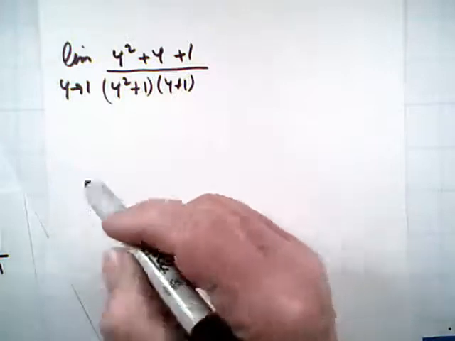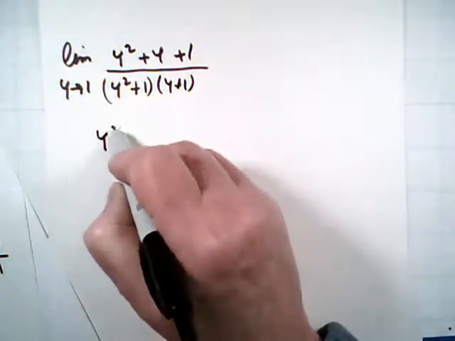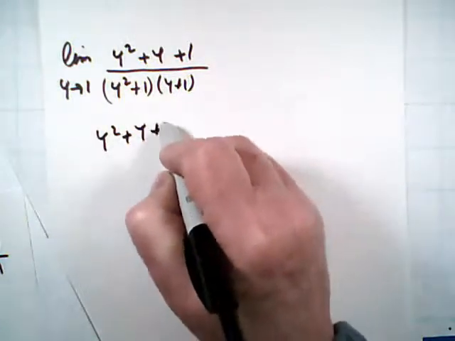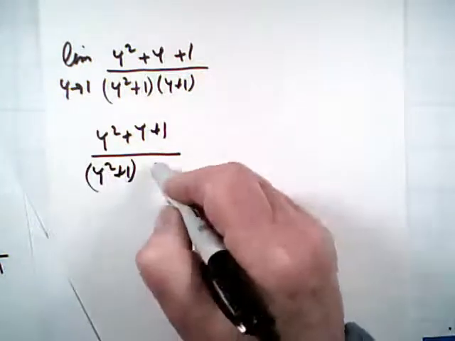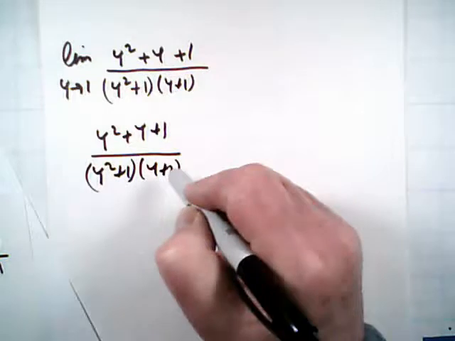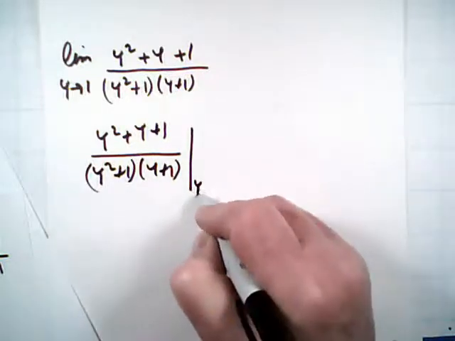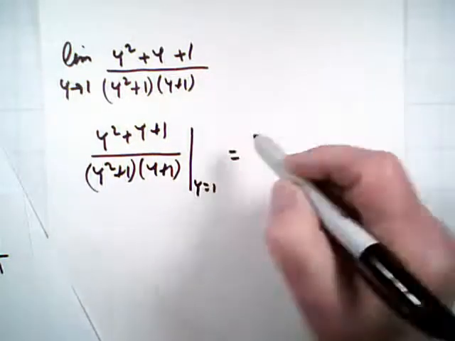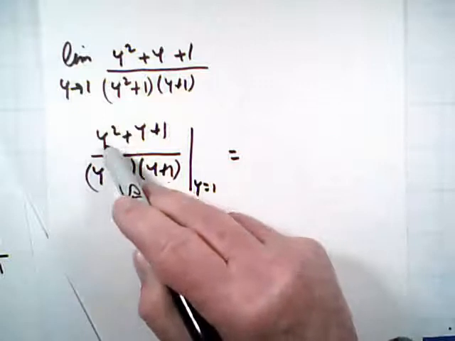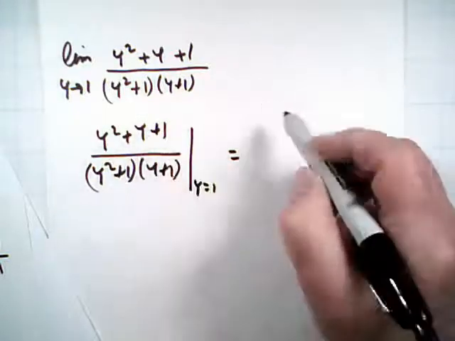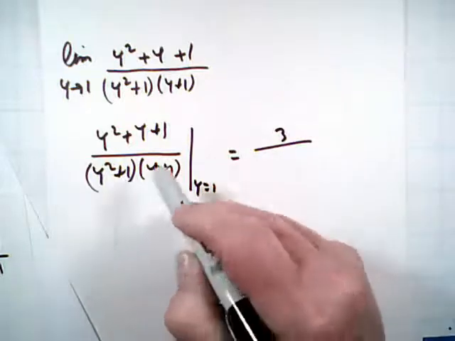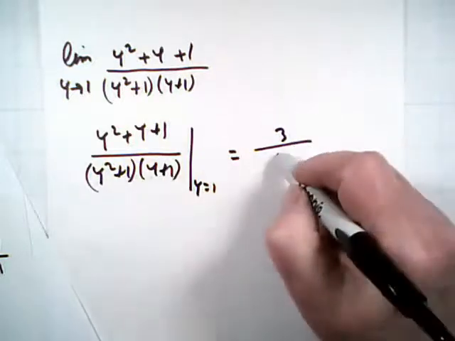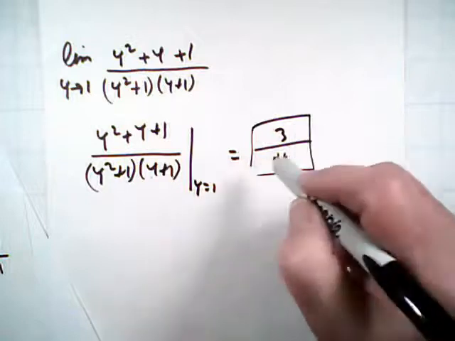What do you do? You evaluate first. So we take y squared plus y plus 1 divided by y squared plus 1 times y plus 1, and evaluate it at y equals 1. And that equals 1 squared is 1, plus 1 plus 1 is 3, and y squared plus 1 is 2, and y plus 1 is 2. 2 times 2 is 4, and so the answer is 3/4.